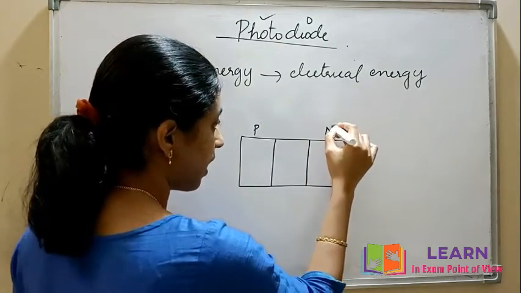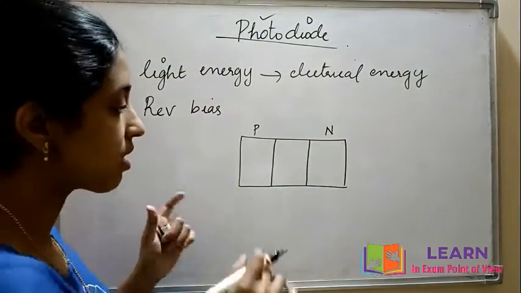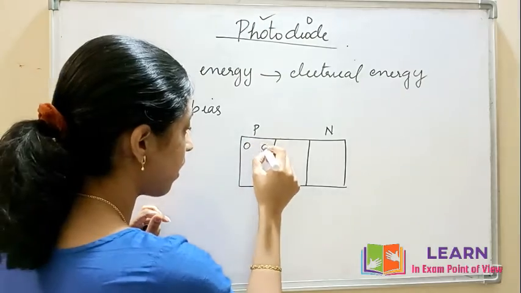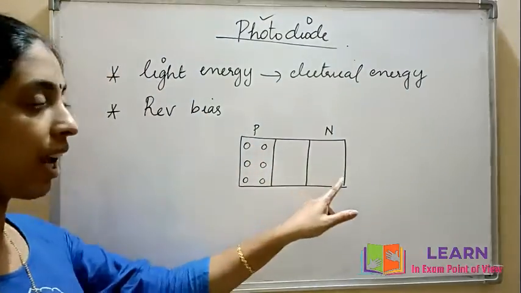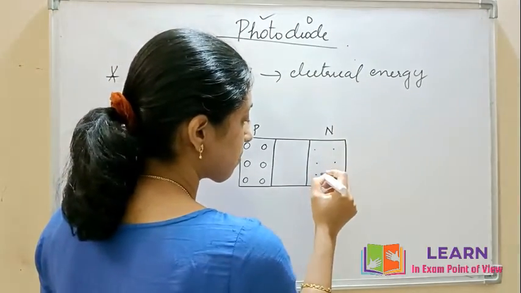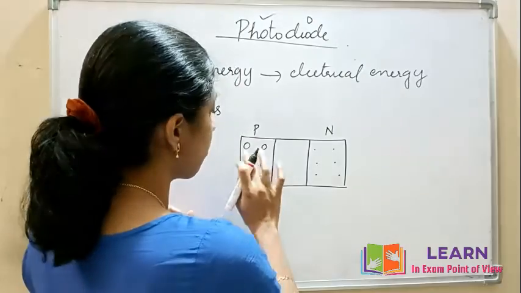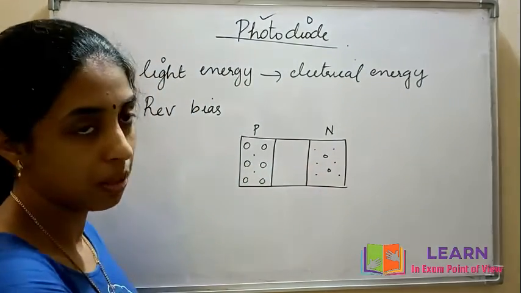P type, N type. In P type, majority charge carriers are holes, and in N type, majority charge carriers are electrons. And there will be minority electrons here and minority holes there.